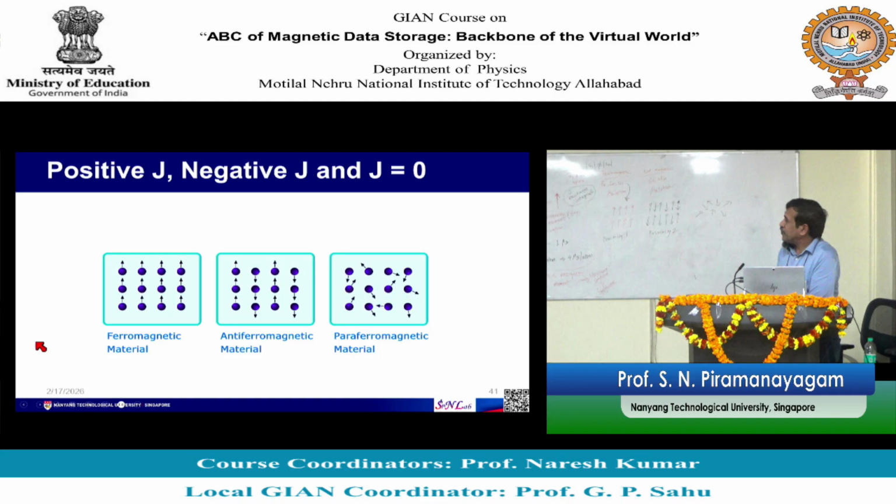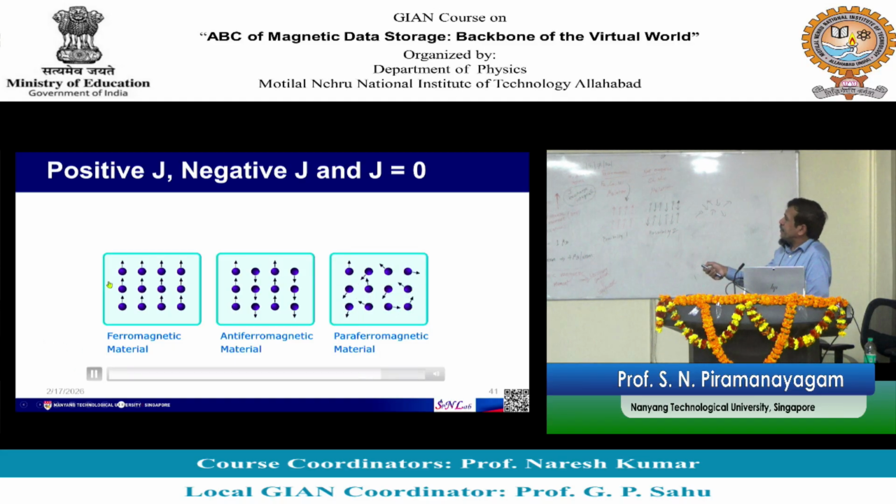In ferromagnetic materials the neighboring spins are parallel and stable most of the time, and in antiferromagnetic material the neighboring spins are antiparallel to each other, again stable as a function of time, whereas in paramagnetic material the neighboring spins are random and they fluctuate as a function of time.